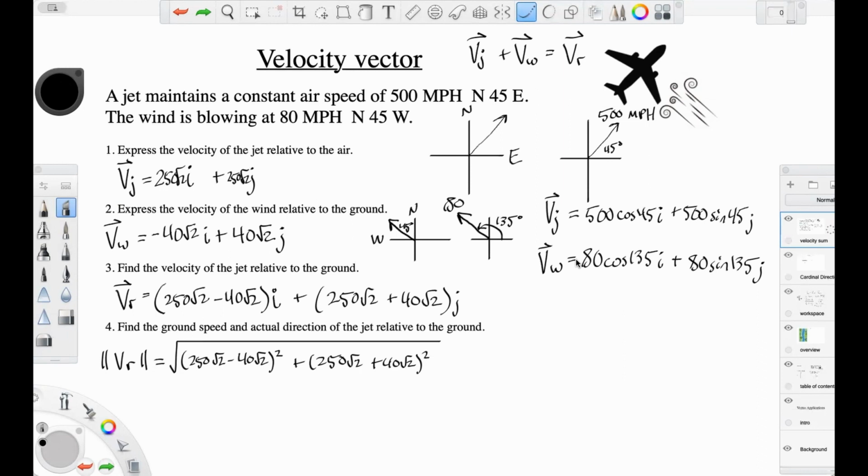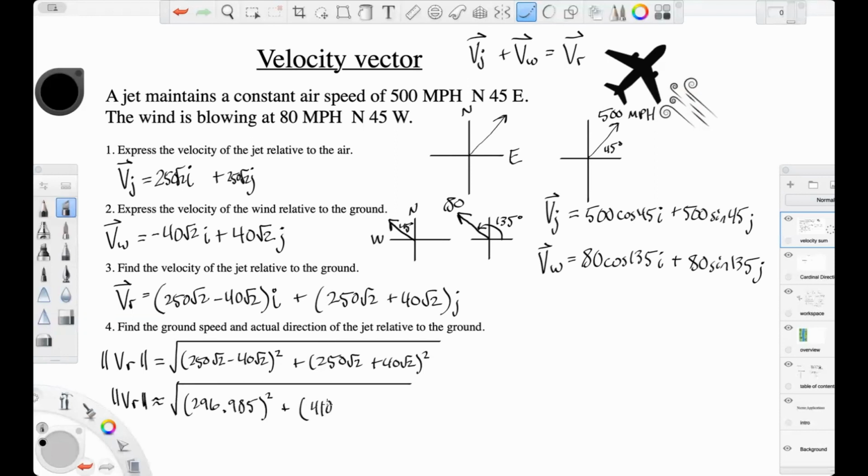So when I do that, I'm going to say VR is approximately equal to the square root of, let me just set all that up, and I got about 296.985, I'll round it there, squared, plus, and then let me do this side here, 250 times the square root of 2 and 40 times the square root of 2, and I'll add those two things together and we get about 410.123.